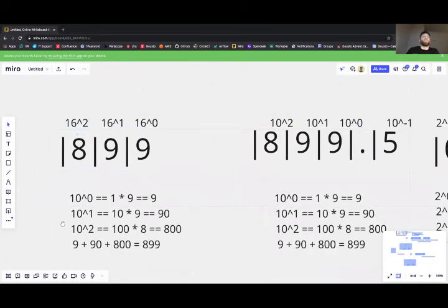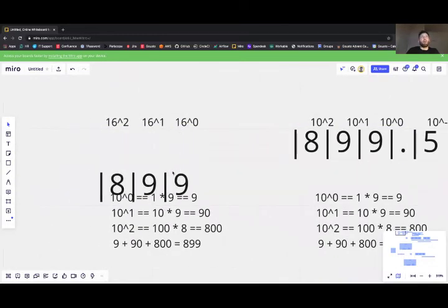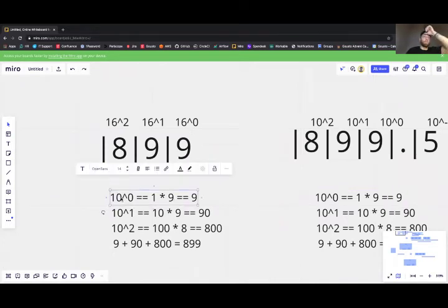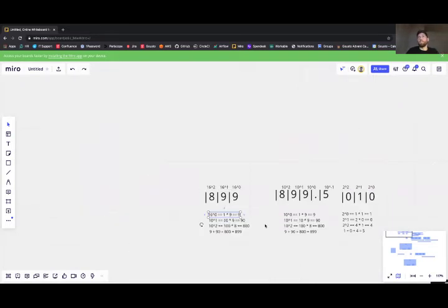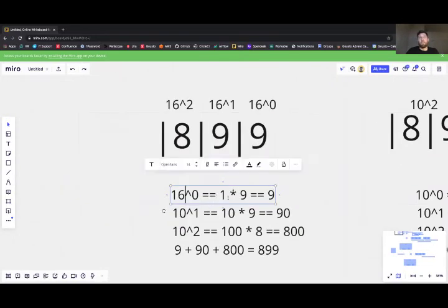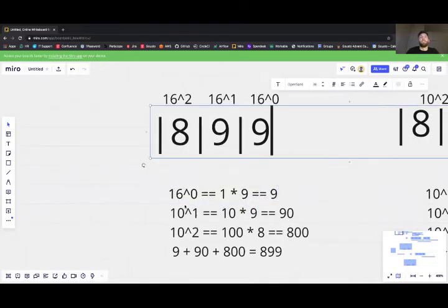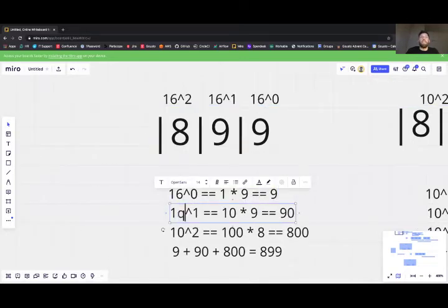So let's say we want 9 16s to the power of 0. So that's 16 to the 0 equals 1. Any number to the power of 0 equals 1. Times 9 equals 9.